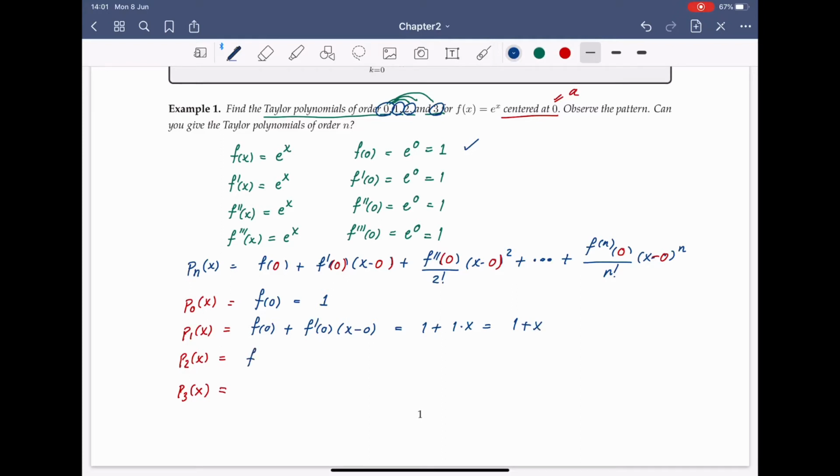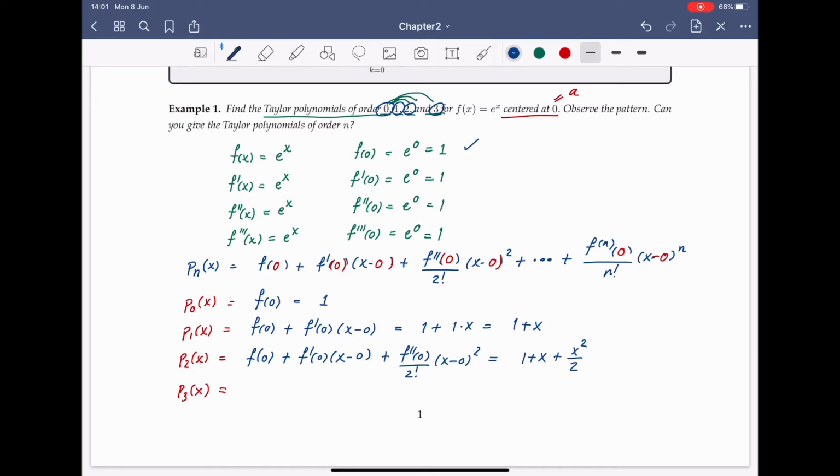And then P2 is going to be f(0) plus f prime(0) times (x minus 0), plus f double prime(0) over 2 factorial times (x minus 0) squared. So this is just 1 plus x plus x squared over 2. You can try to simplify at home.